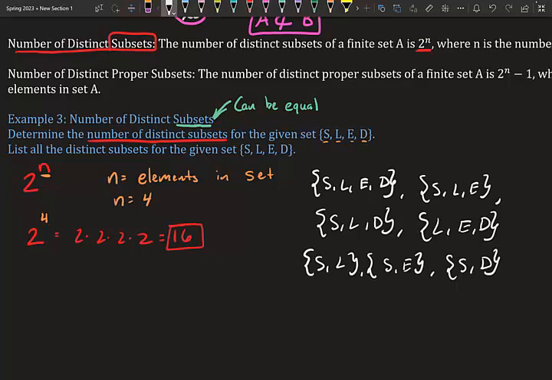Now let's do our E's. So we have ED. Now we're not going to do ES. ES and SE mean the same thing. So we have ED. And then we have LE. All right, we did LE. Now LD.